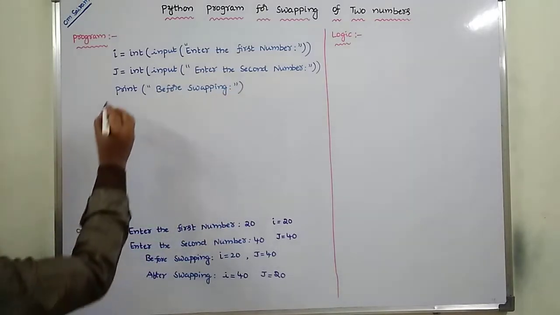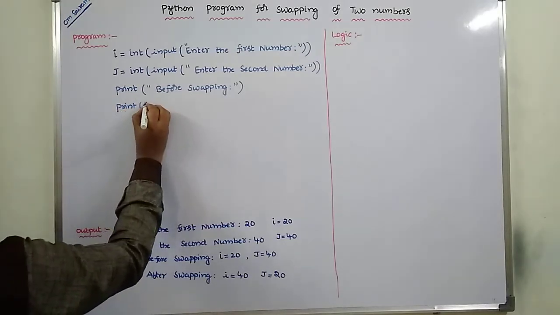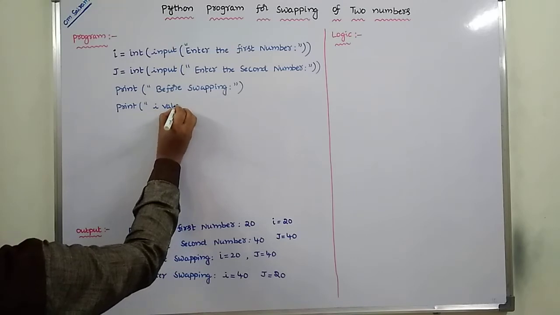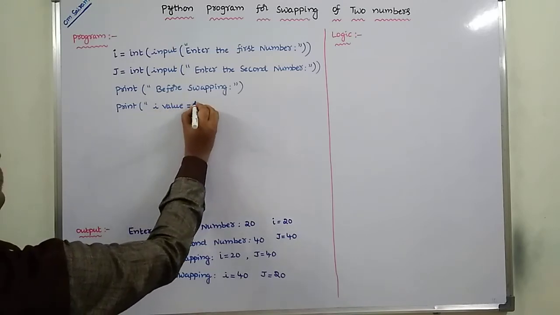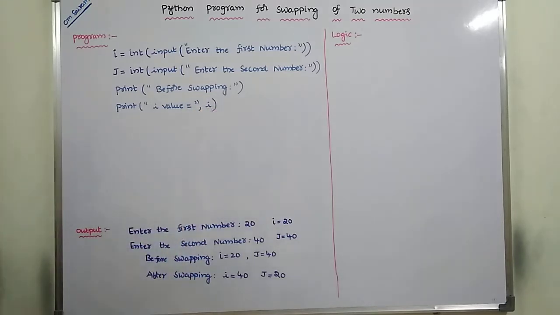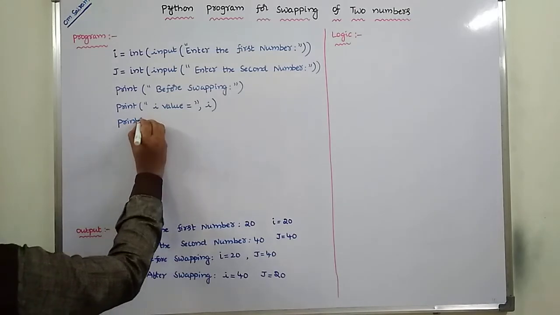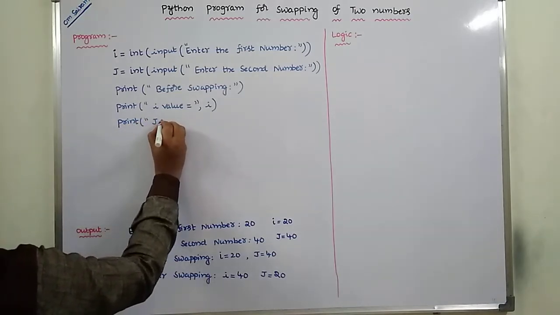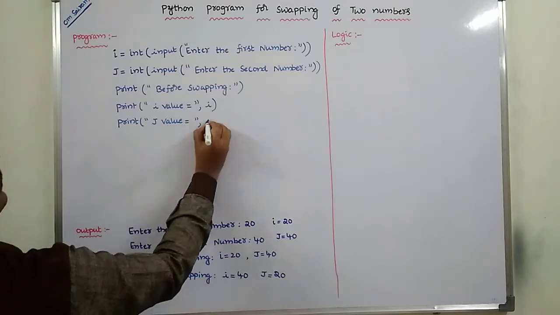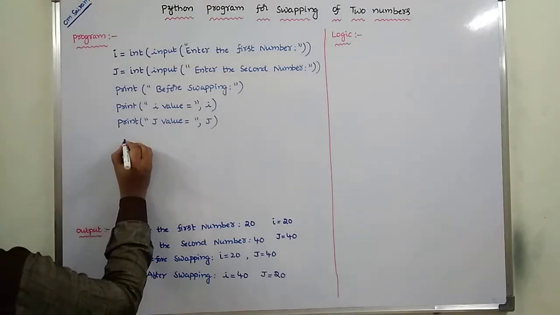What is the I value? Print "I value is equal to", I. Next, print "J value is equal to", J.